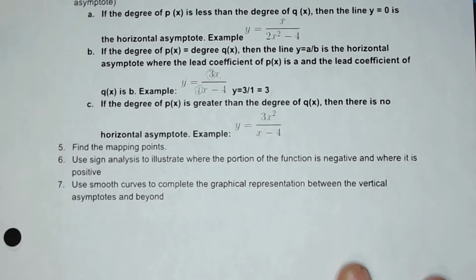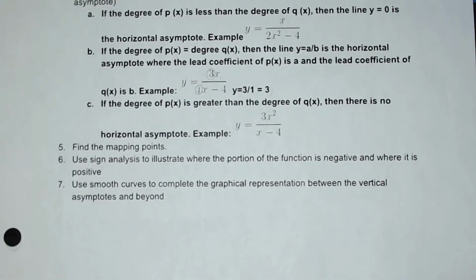After that, you can find the mapping points. Some good points to start with. You really only need a few, and then you can just draw the general direction of the graph. Some good points to start with are typically x equals +1 and -1, because 1 over 1 doesn't usually change. So it will give you a good mapping point to start with.